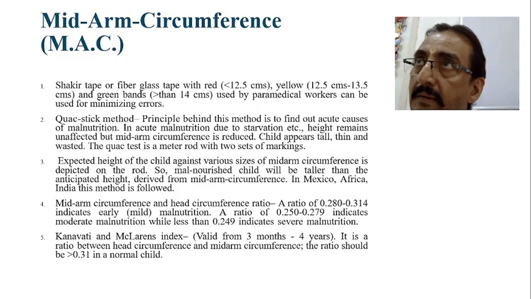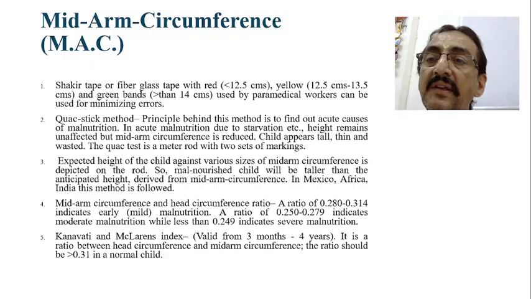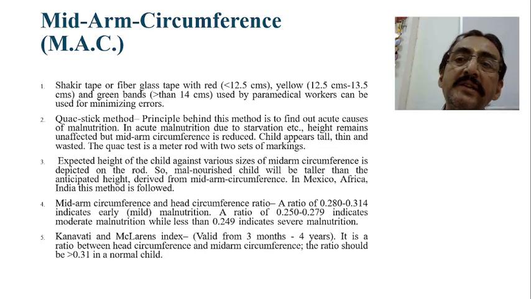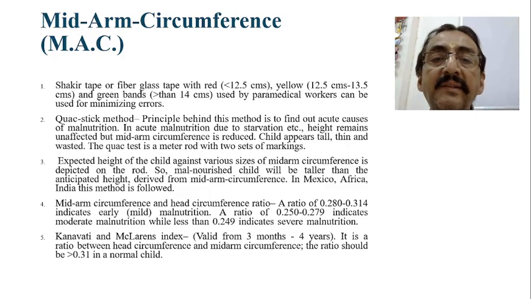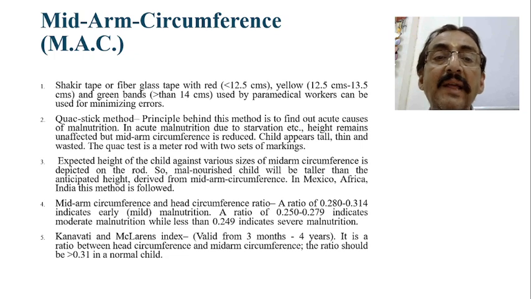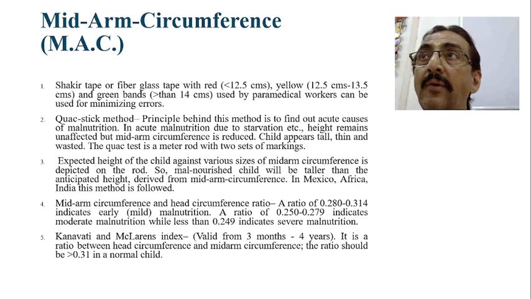Now, another method we can follow for the mid-arm circumference is the quack stick method. The principle behind this method is to find out the acute causes of malnutrition. In acute malnutrition due to starvation etc., height remains unaffected but mid-arm circumference gets reduced. So the child appears tall, thin and wasted.